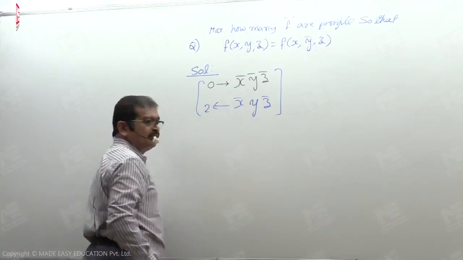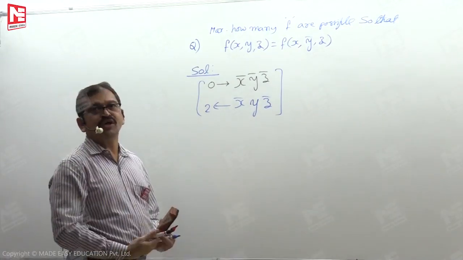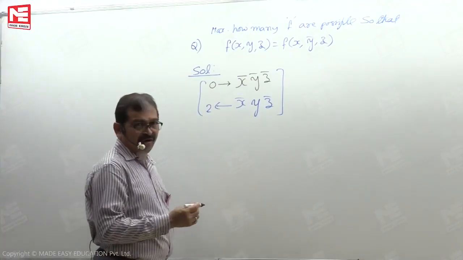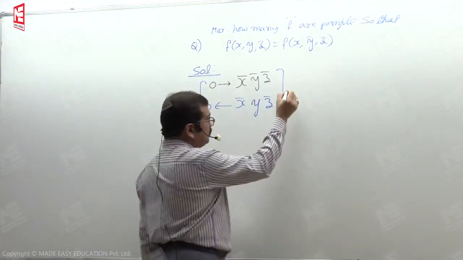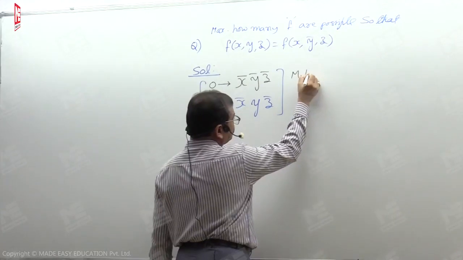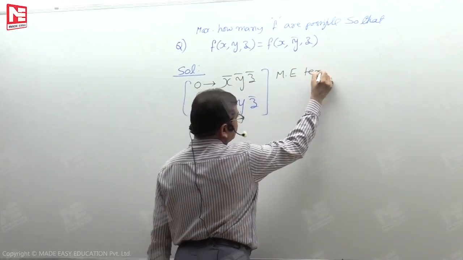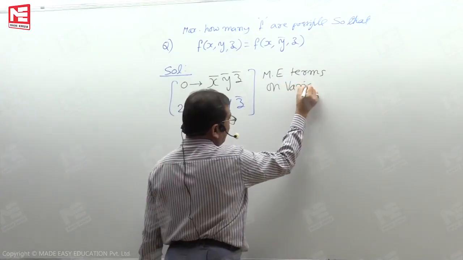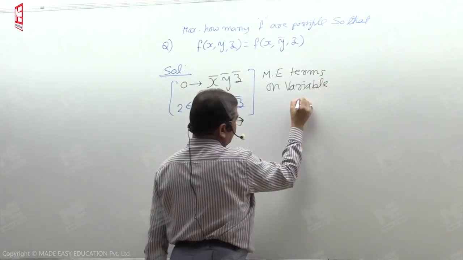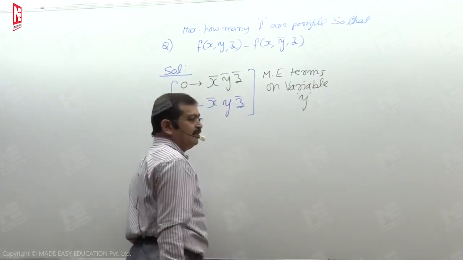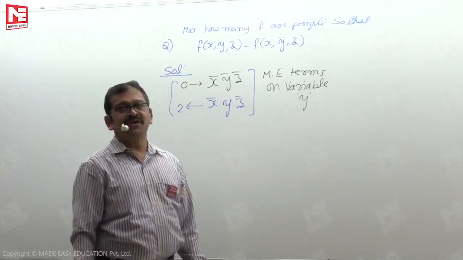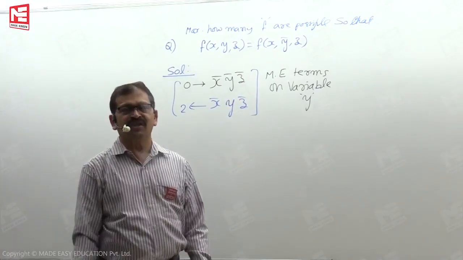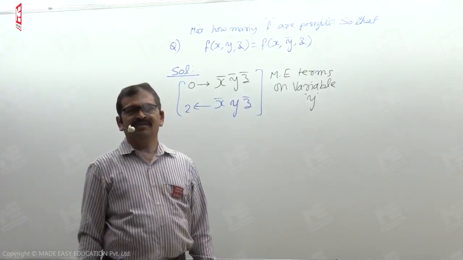These two terms must be named mutual exclusive terms on variable y. We did similar work while discussing the maximum number of self-dual functions possible with 3 variables.